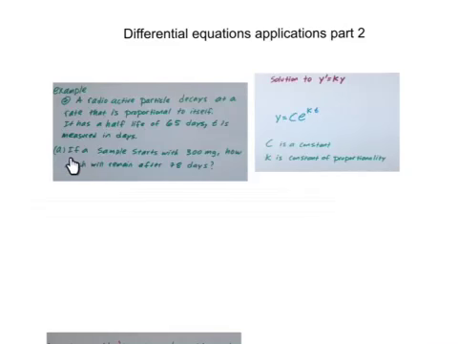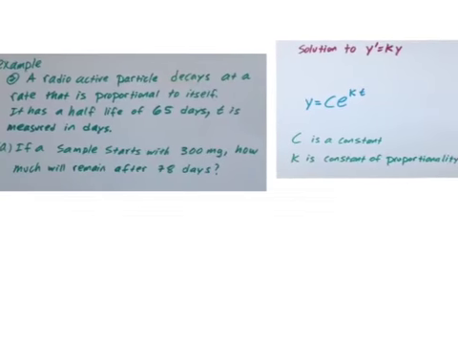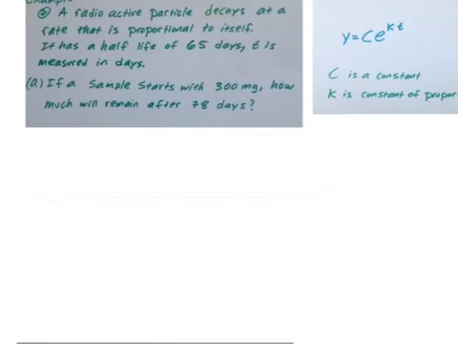And so for part A, it says that a sample starts with 300 milligrams. How much will remain after 78 days? So first thing I want to do is start by using the initial amount that they gave us. They tell us that initially there was 300 milligrams, and I don't know what the C value is, so I'm going to put down a C. e is an exponential base.